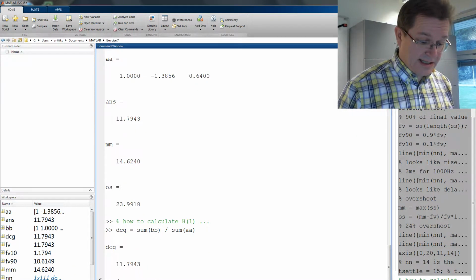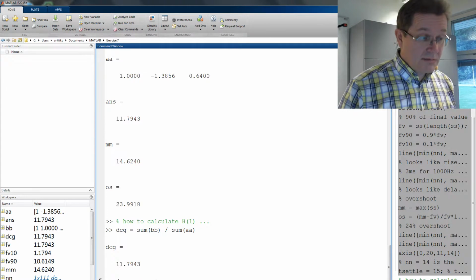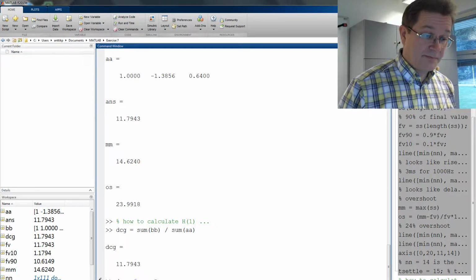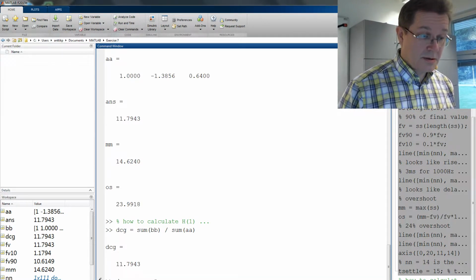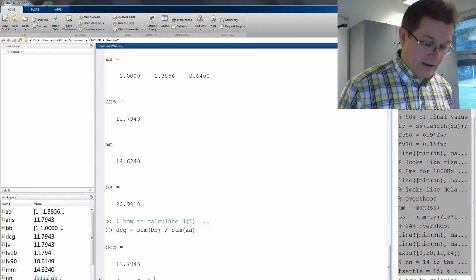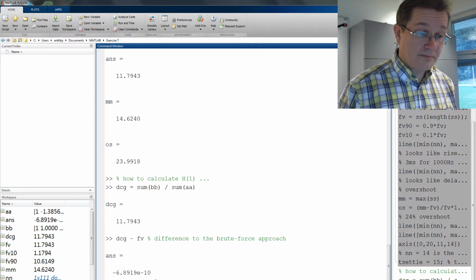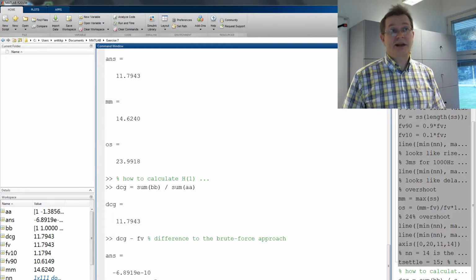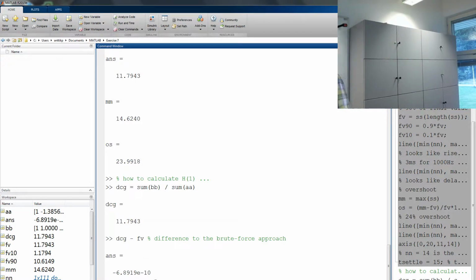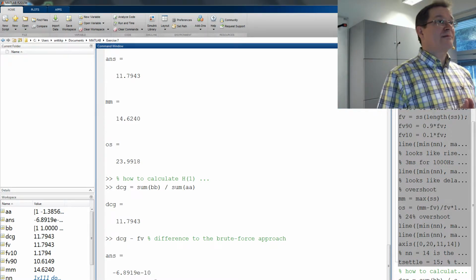So dc g minus fv. Okay, that's the difference to the brute force approach. Okay, negligible, I would say. But we were kind of lucky.